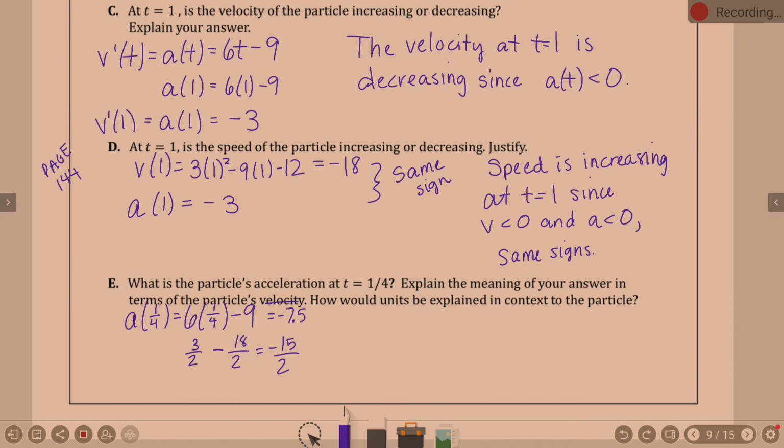And then we'll have to talk units. Particle velocity is decreasing. And I just say decreasing there. I mean, technically it's because the acceleration is less than 0. So I can say a of 1/4 is less than 0.